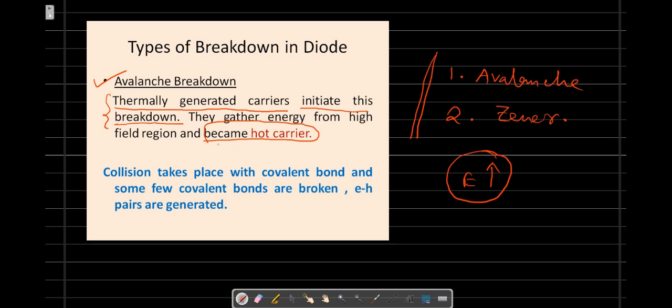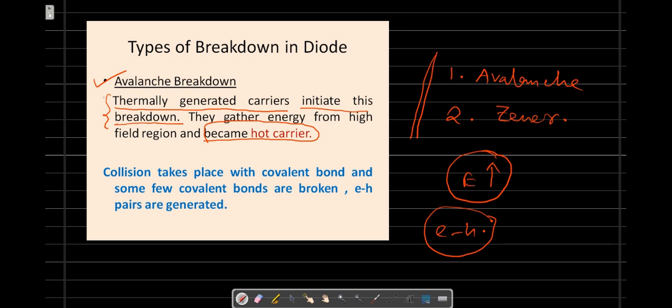Now those hot carriers are moving randomly, and some collision events take place with the covalent bonds present, and some of the covalent bonds are broken, and again you will get a new set of electron hole pairs. Try to understand, it's a completely different thing.